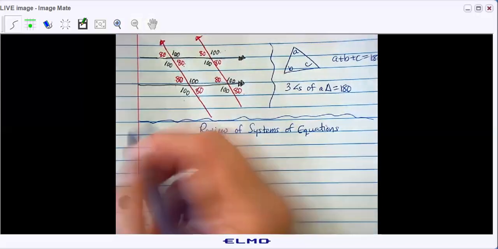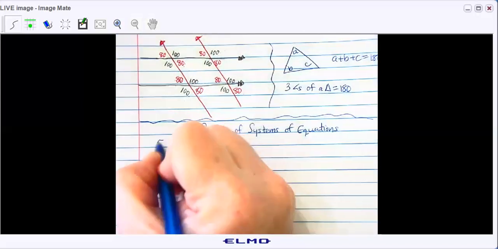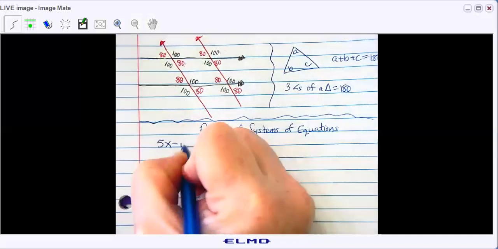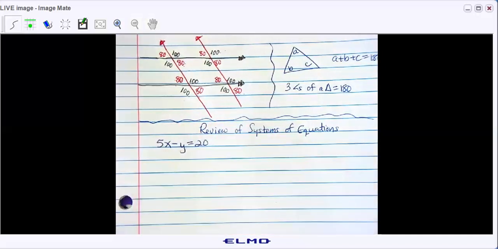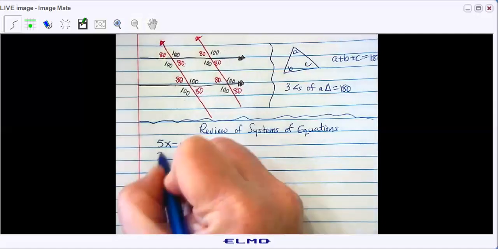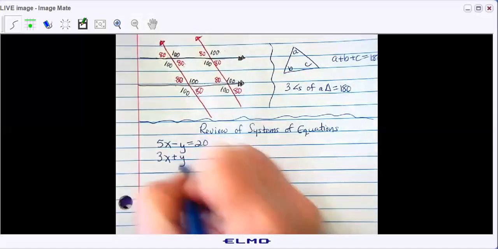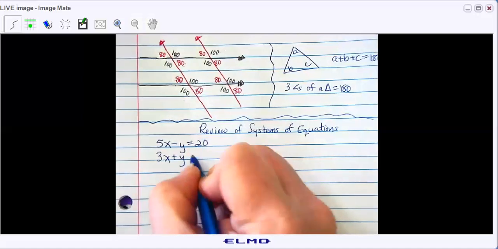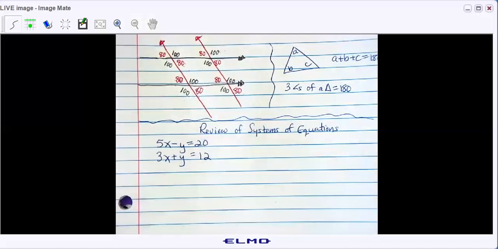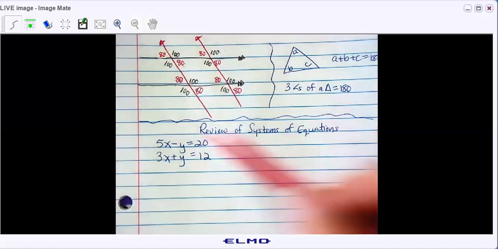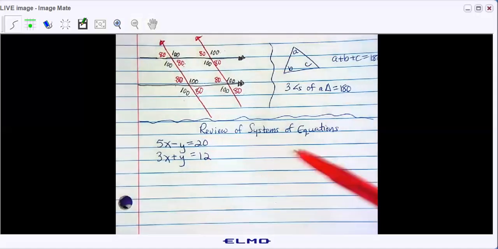So if I give you the equations, 5x minus y equals 20, and 3x plus y equals 12. If you think back to when you saw these before, these are linear equations. We know it's a linear equation because it has an x and a y in it.